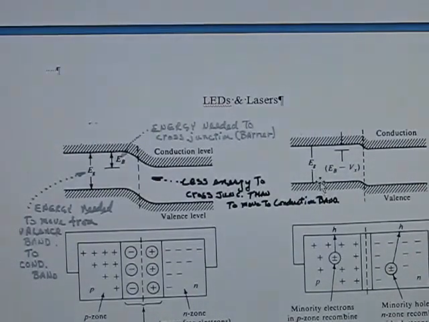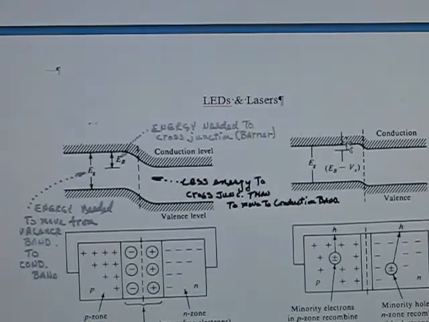Now when we apply bias to that, the difference is much less. So we can have electrons enter the conduction band, and when they return, a photon is generated. On the recombination of an electron and a hole, it produces a photon.